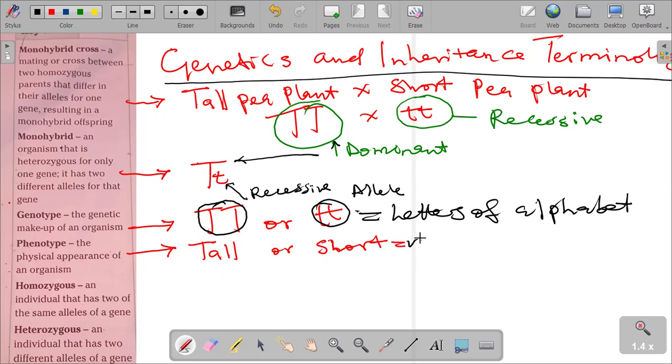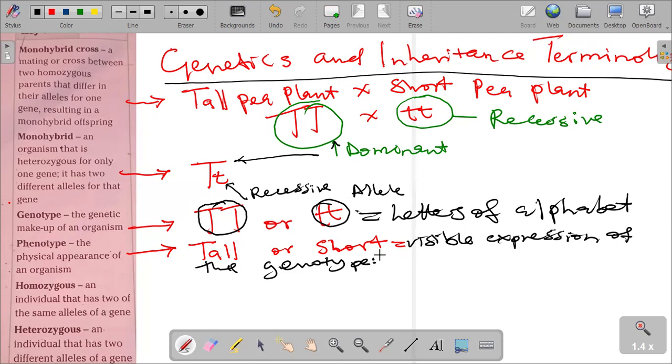The visible expression of the genotype. So we read to understand the meaning of the letters, then we can give the phenotype.